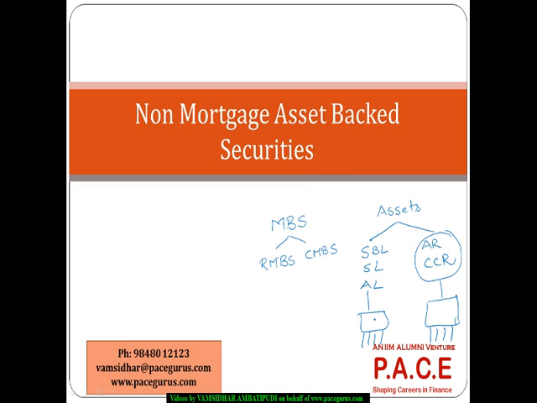So these two kinds of instruments, based on some form of loans or some form of receivables, are broadly classified as asset-backed securities. So there are two different categories. One is the receivables based, the other is the loan based.